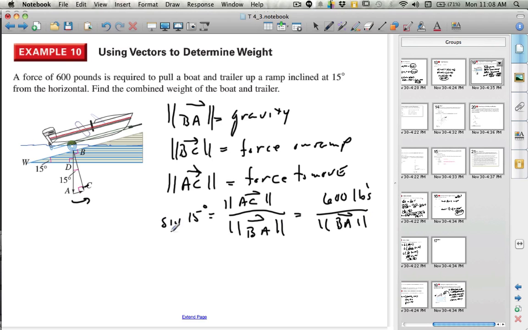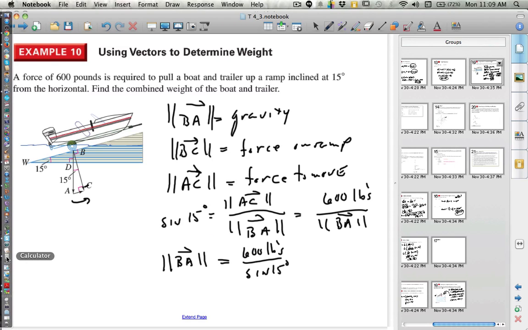So now I can find the sine of 15, but what I'm looking for is the magnitude of BA. So if I multiply both sides by the magnitude of BA and divide both sides by the sine of 15, then I'll be able to find my value.